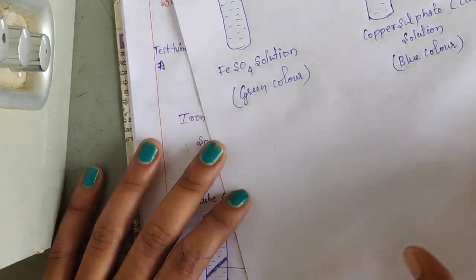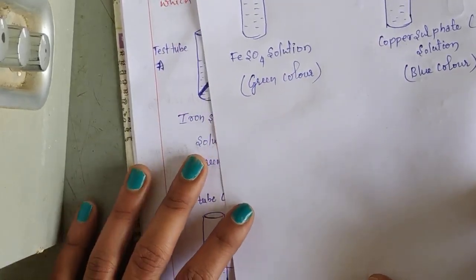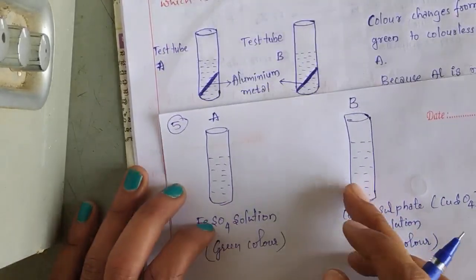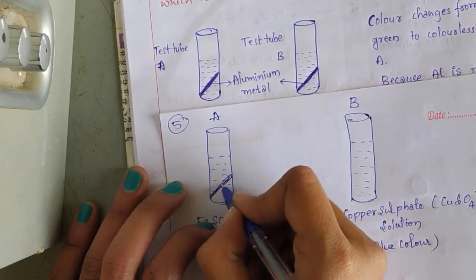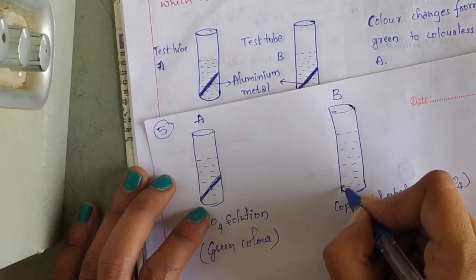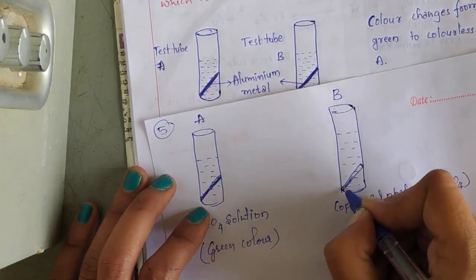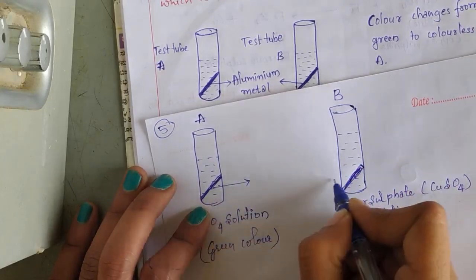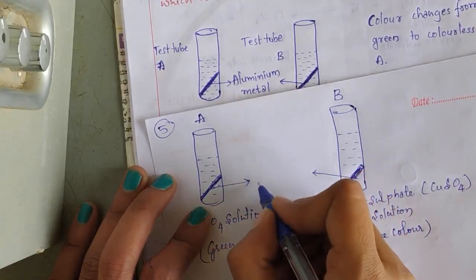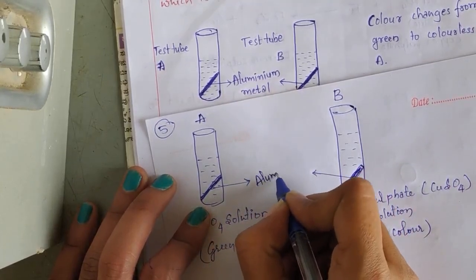And in both the test tubes, we will place aluminium metal.